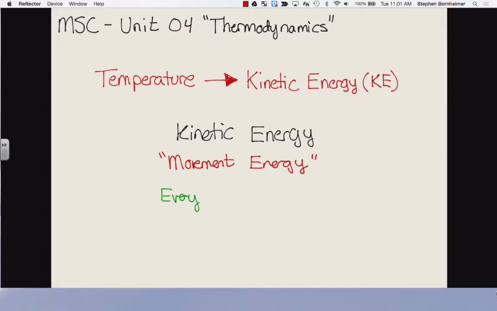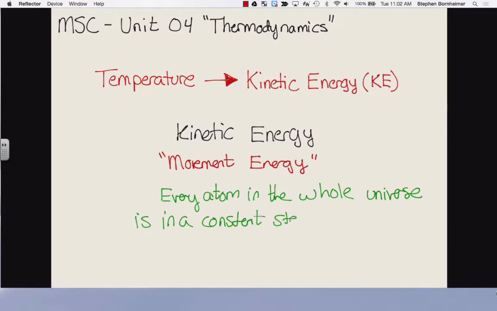Okay. Every atom in the whole universe is in a constant state of motion. Okay?